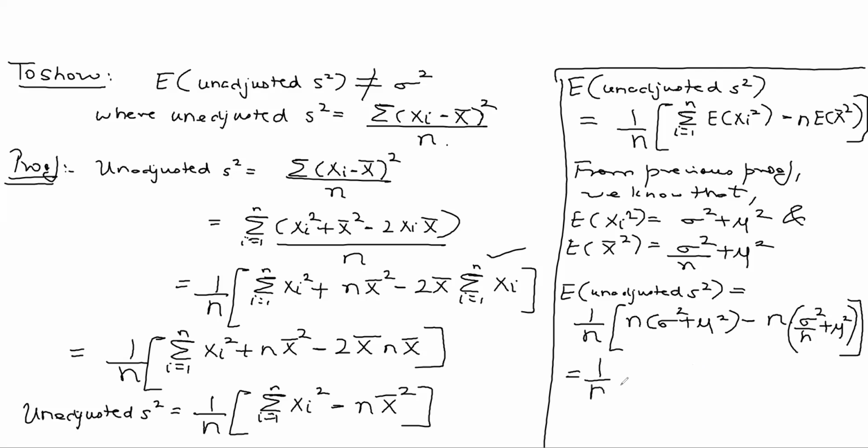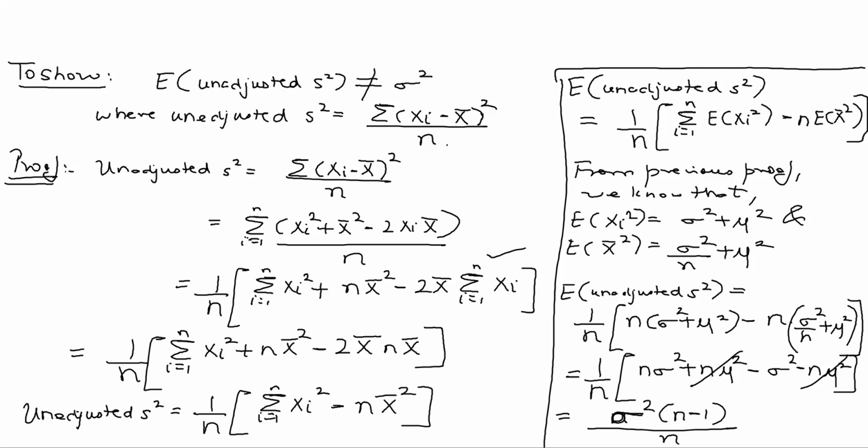So this is 1 upon n times n sigma square plus n mu square minus sigma square minus n mu square. So n mu square minus n mu square cancels, so this becomes sigma square into n minus 1 by n, and you can see clearly it's not equal to sigma square.